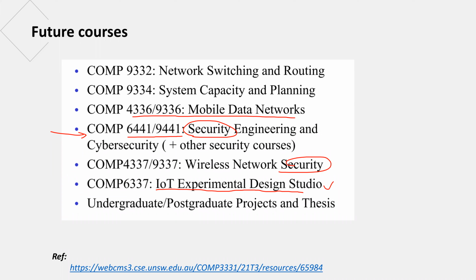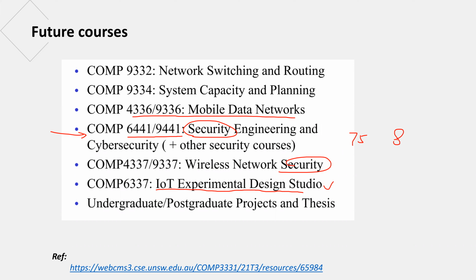The security course will be very hard, depends. If you just want to get a distinction like 75, I can't say it's really easy, but it should be easy to score 75.